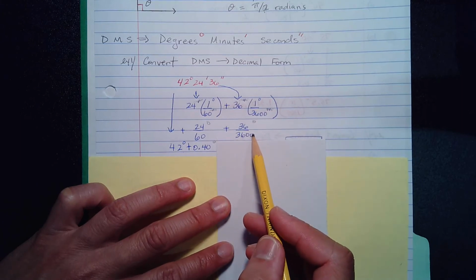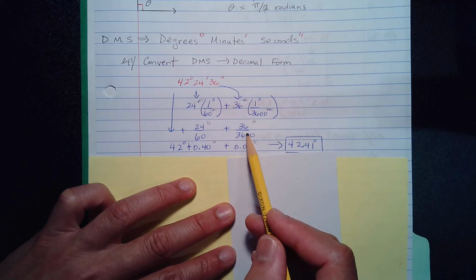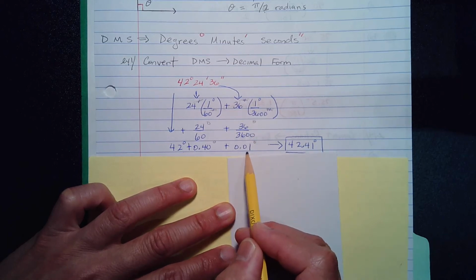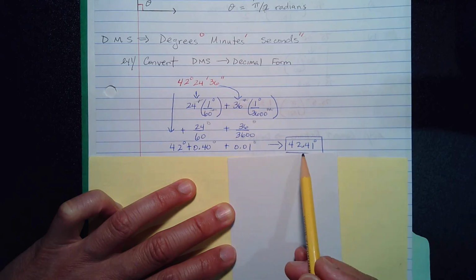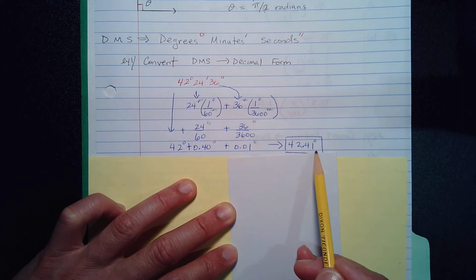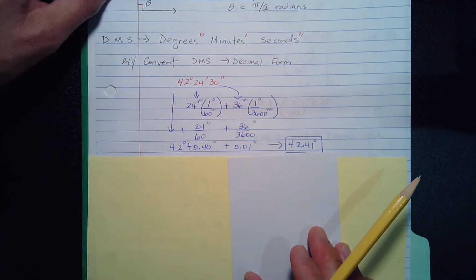This is now 36 over 3600, which reduces to 0.01. So we add 42 plus our 0.40 plus our 0.01. So this is now decimal form, 42.41 degrees. So this DMS is now in decimal form.